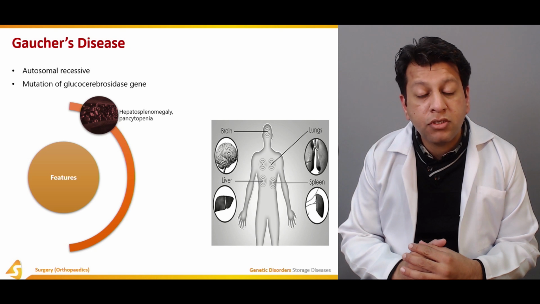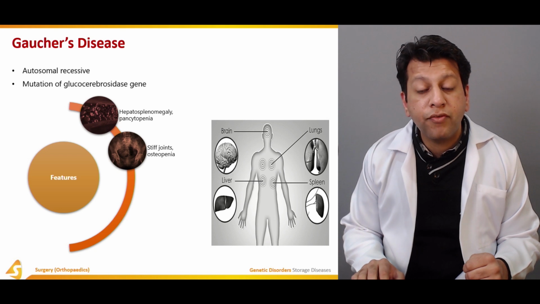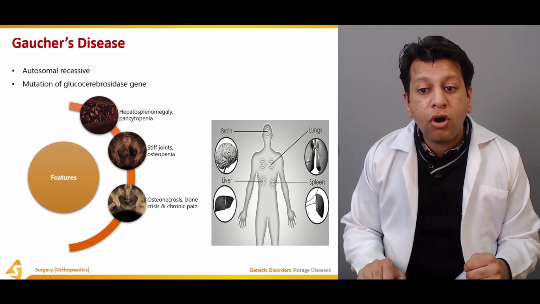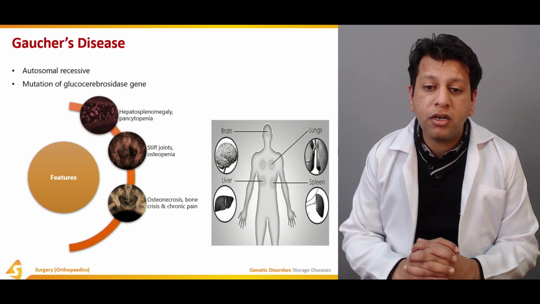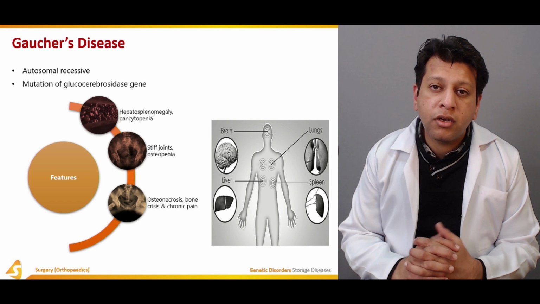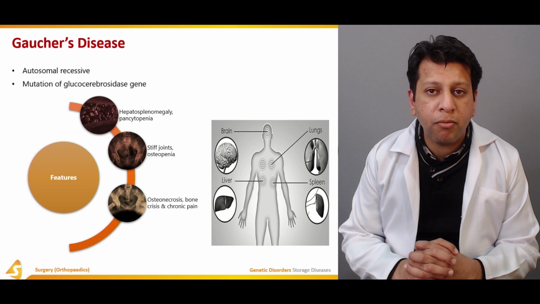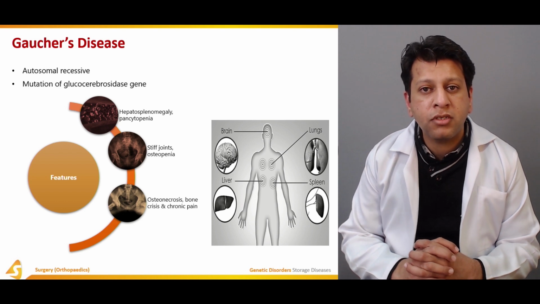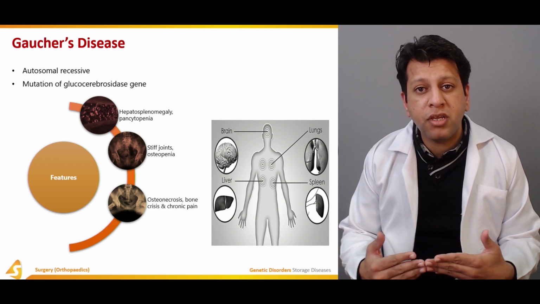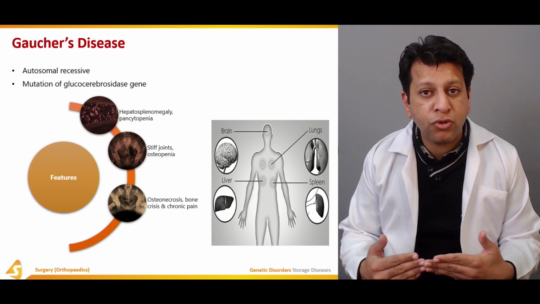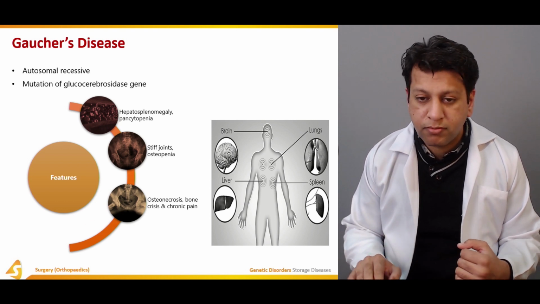Especially, the features include hepatosplenomegaly and pancytopenia, stiff joints and osteopenia, osteonecrosis of bone, bone crisis and chronic pain. These bone pains are mainly due to avascular necrosis of the hip joint, especially as these patients are more prone to infections, and during infection there may be increased bone pain and increased bony necrosis, therefore resulting in bone crisis.